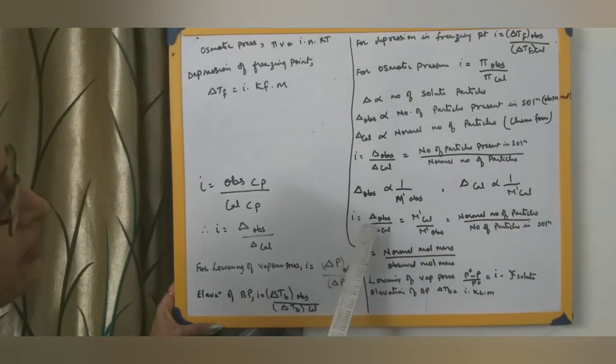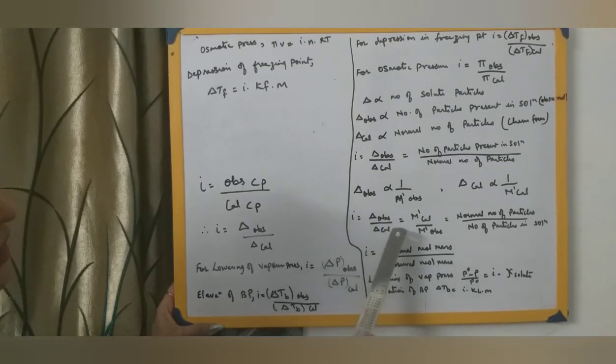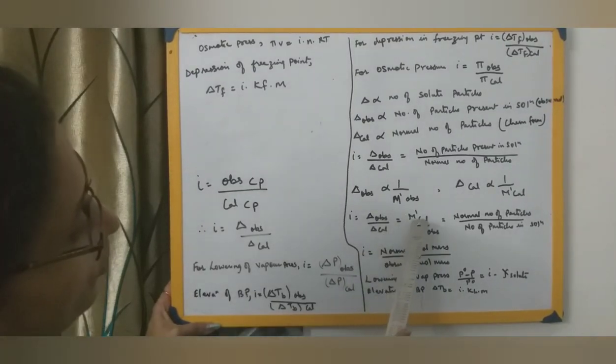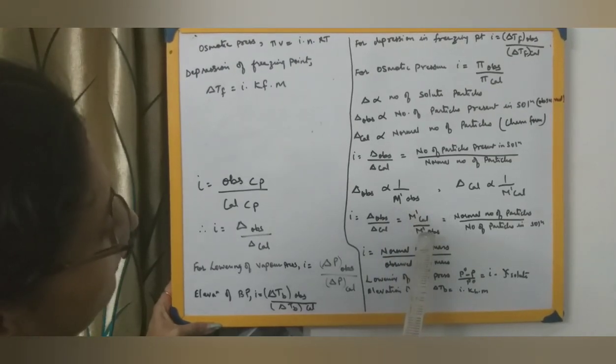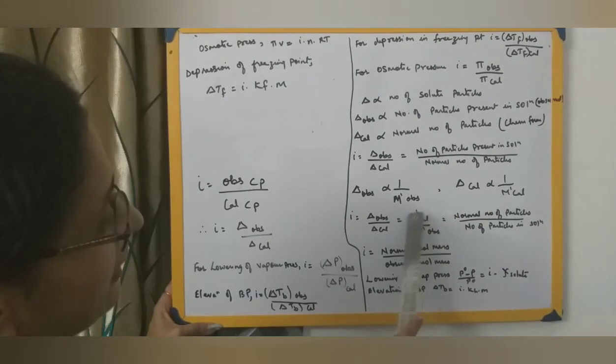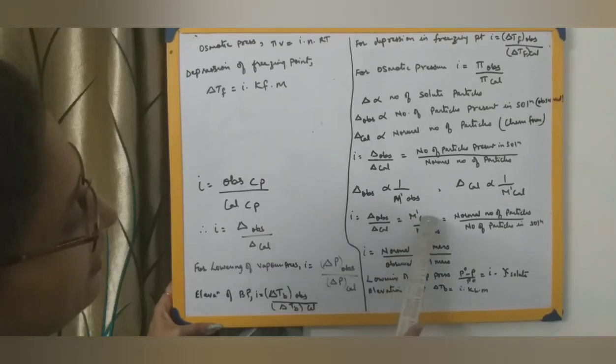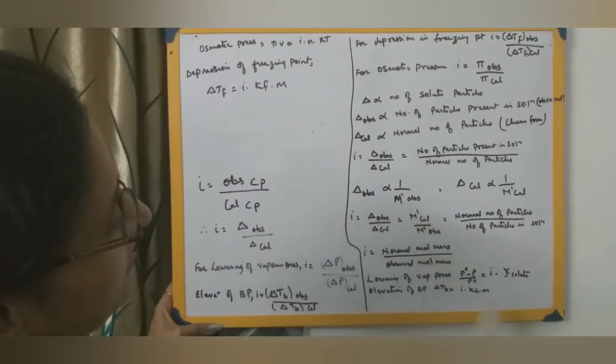So we substitute into i equals delta observed upon delta calculated. Because it is inversely proportional, we get 1 by m dash observed upon 1 by m dash calculated. Since both are inversely proportional, we get the relationship m dash calculated upon m dash observed.